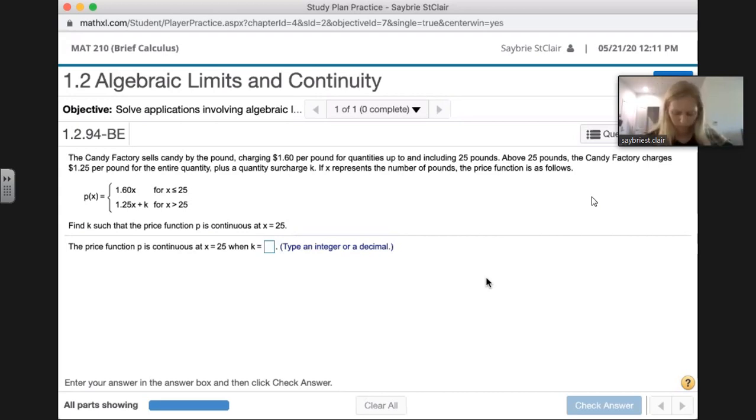I'm not sure if your calculator is giving you these same numbers. So it looks like that limit's clearly 40.